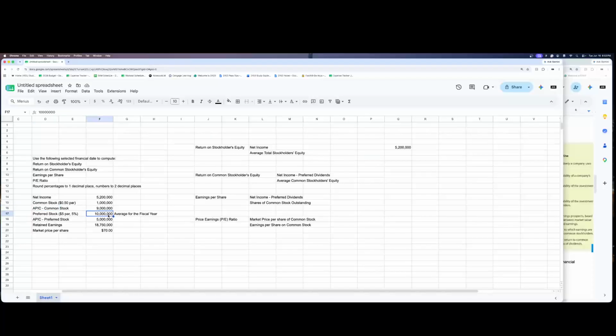It's 9,000, plus preferred stock, 10 million. Or was it total stockholders' equity? What is it? Stock on par. Average total stockholders' equity.